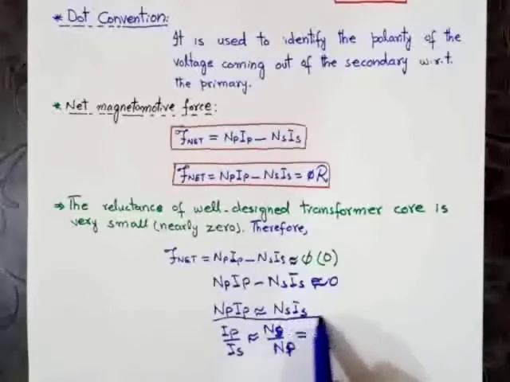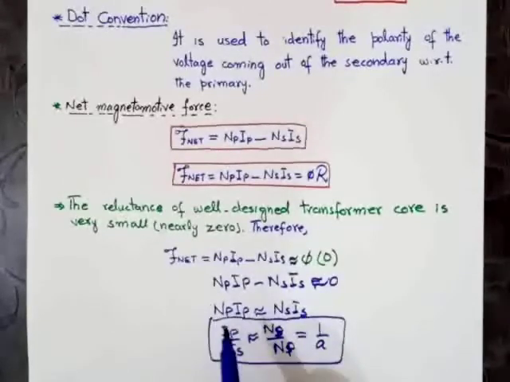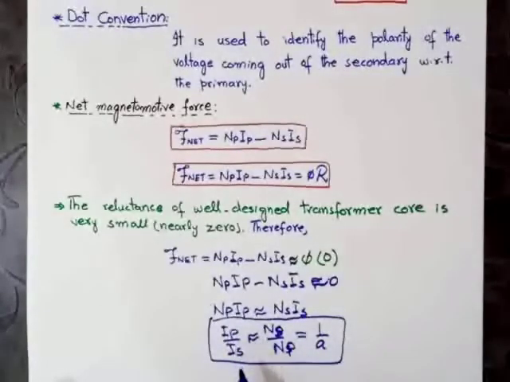So this is the current ratio formula of the transformer, that is, IP over IS is approximately equal to NS over NP, equal to 1 over A, where A is the turns ratio.